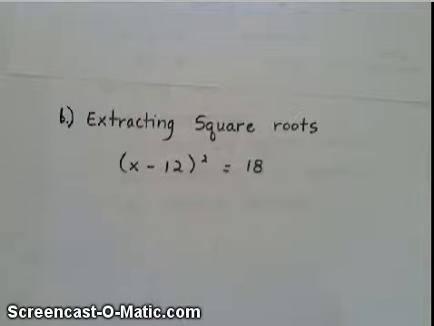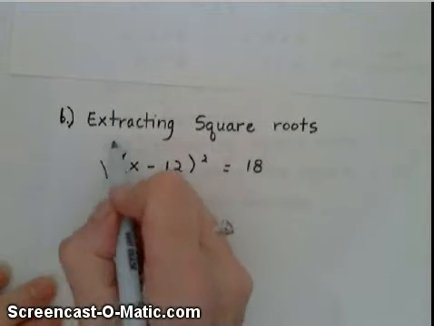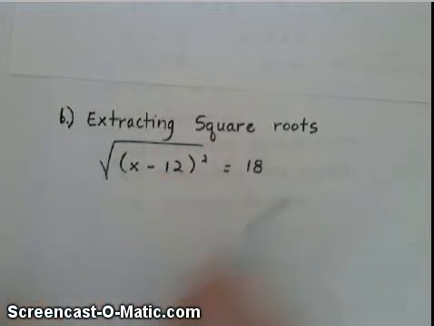And the other side has what we call a constant, a plain ordinary number. In that case, extracting square roots makes a lot of sense. What we want to do is we want to get the variable on one side. It's part of a square root of a perfect square. And we want to just take the square root of both sides.